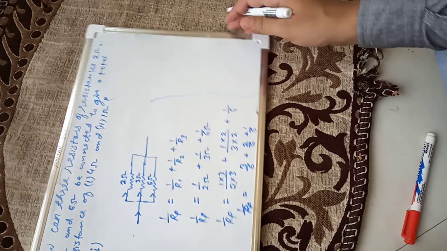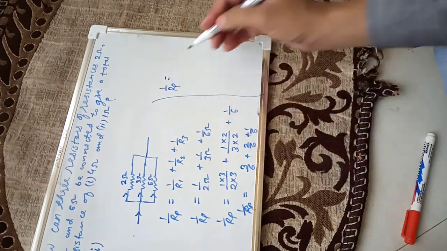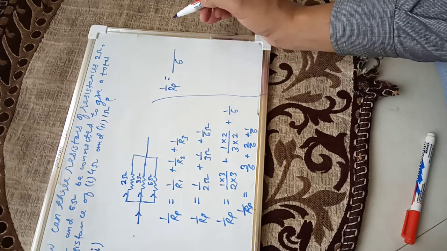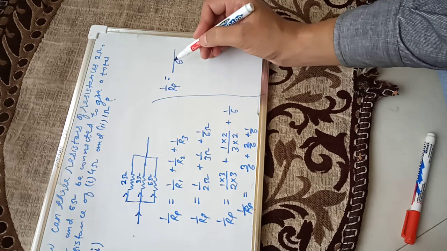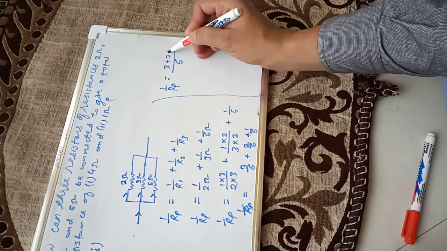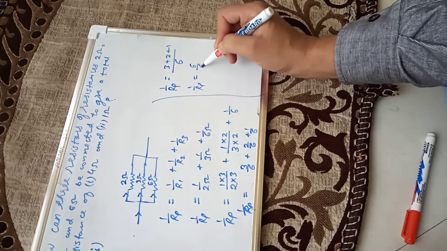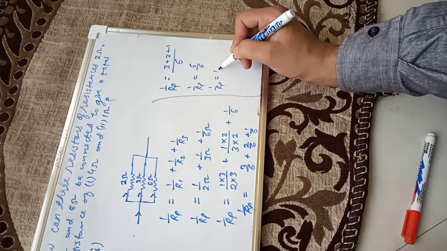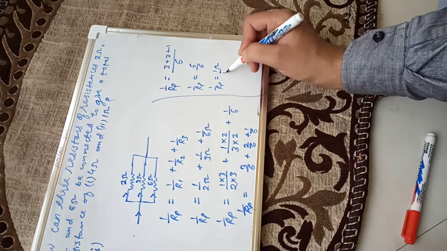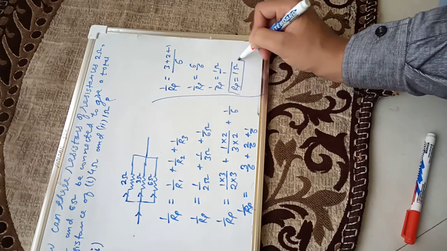So what is the result? 1 upon Rp is equal to 3 plus 2 plus 1 over 6. We will write the denominator only once, because it is the same. And that gives us 1 upon Rp is equal to 6 by 6. So 1 upon Rp will be 1 ohm. So Rp also will be 1 ohm.